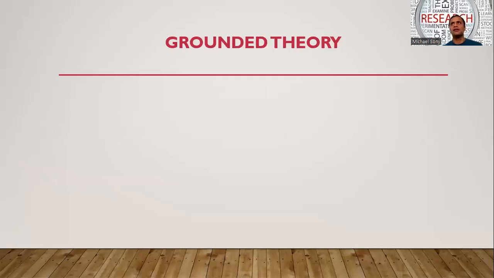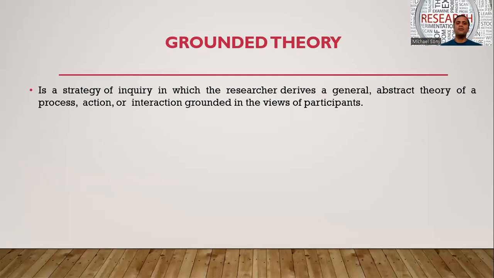The next method of strategic inquiry is grounded theory. As the name suggests, the output of this method is a substantive theory explaining a particular phenomenon being looked into. Take, for instance, a researcher who wants to study what the response of the shop floor would be when Quality 4.0 is implemented in an organization.